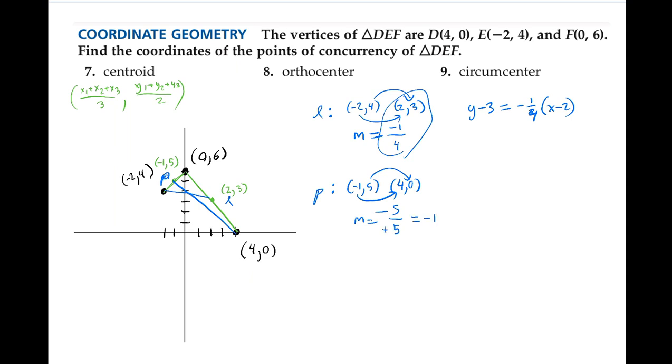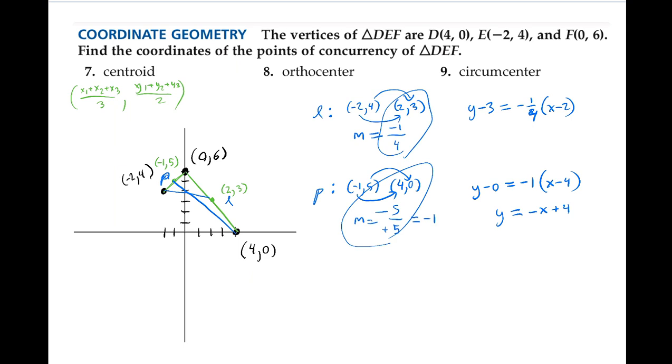So the slope of this was -1. So then I'm just going to use, I don't know, these two points and write the equation of the line. So we have y minus 0 equals -1 times x minus 4. And so the equation of that line is y equals -x plus 4. That looks right. It looks like it goes through 4 there. Okay, so we have that equation.